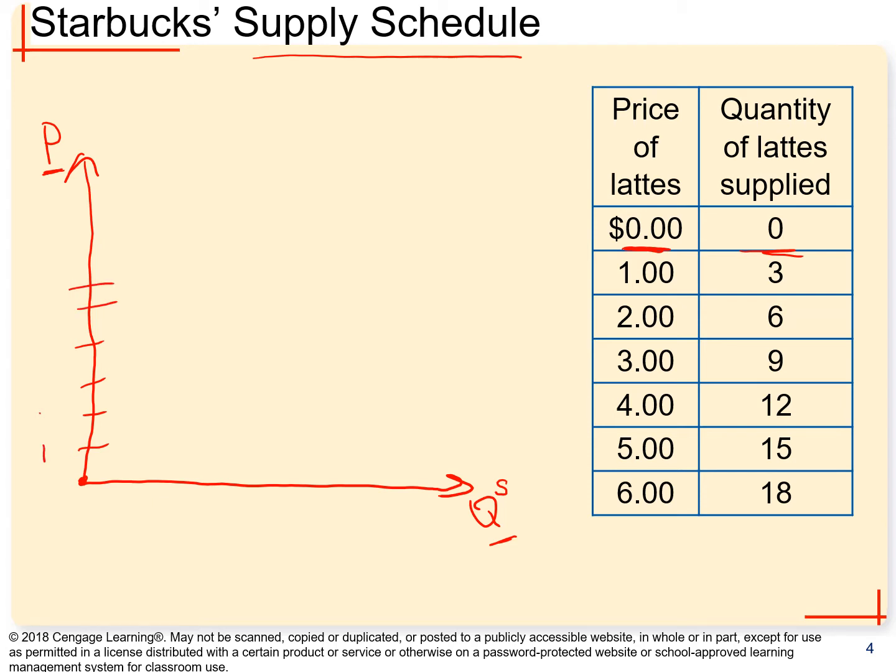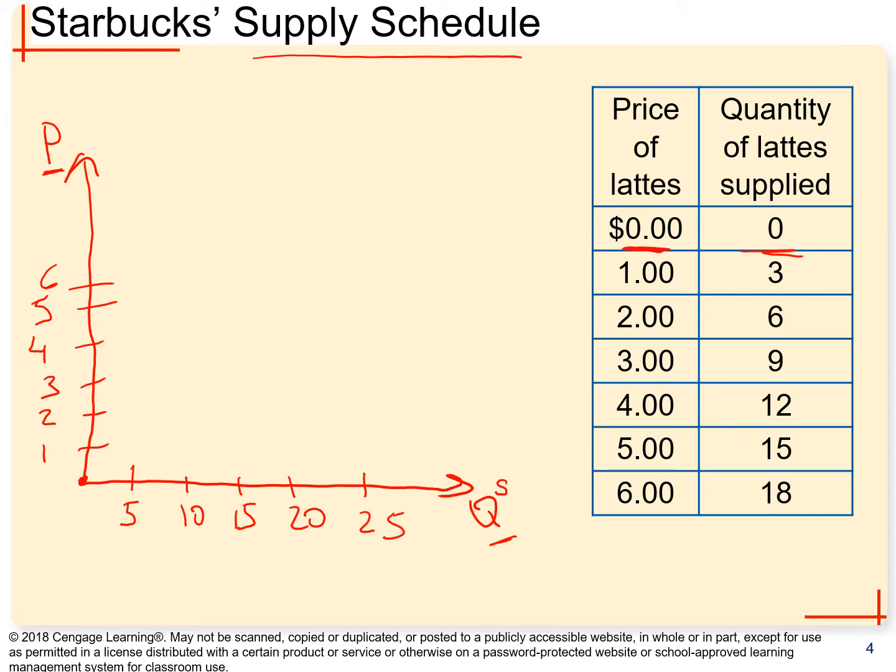And quantity is going to be easy: 5, 10, 15, 20, and 25.